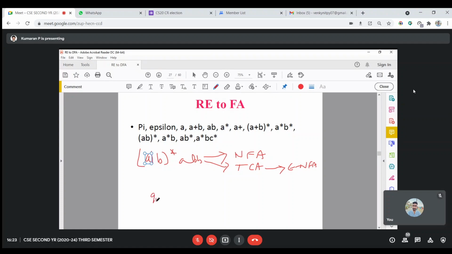(a+b). Okay. From the starting state, I have (a+b) in the closure form. So closure means self loop. (a+b) means a comma b. Concatenation means you have to make a separate state. A, B, B. Final state.